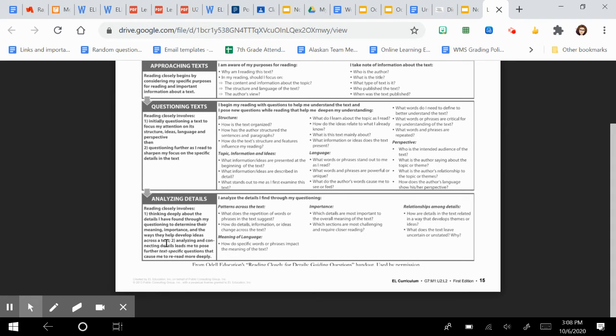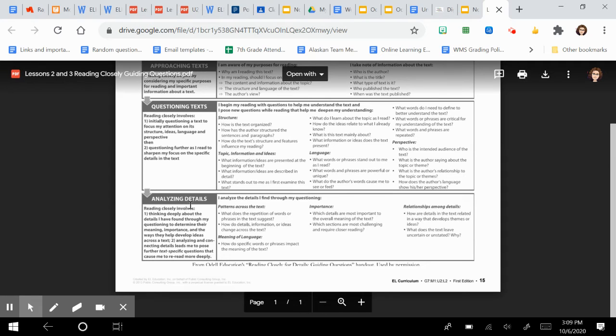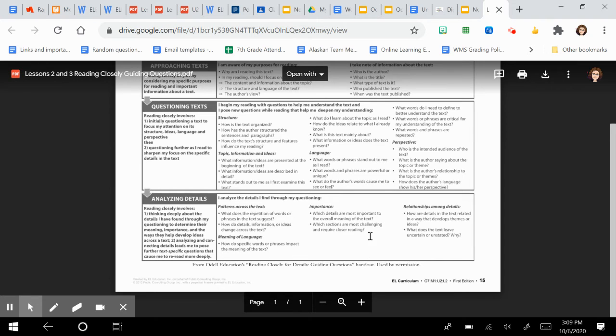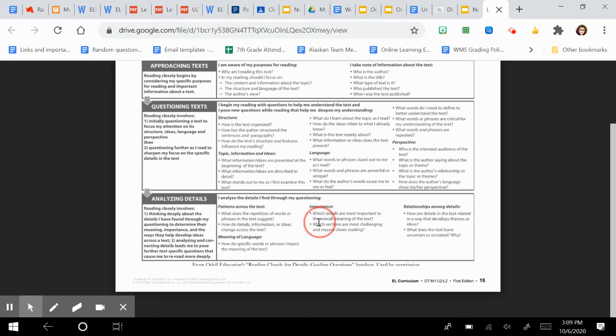So these analyzing details help you take what you've already questioned and found out in the last 2 steps and put it all together. You're looking at patterns across the text, the meanings of the language that's used in the text, the importance of the overall meaning of the text, the sections that are challenging and require close reading, and how the details are related among themselves.